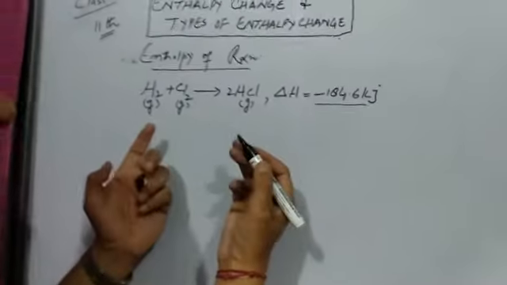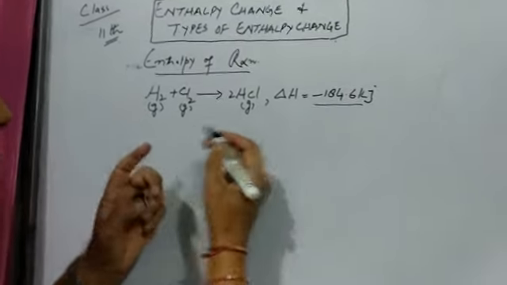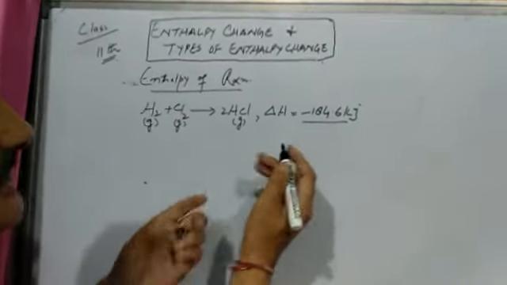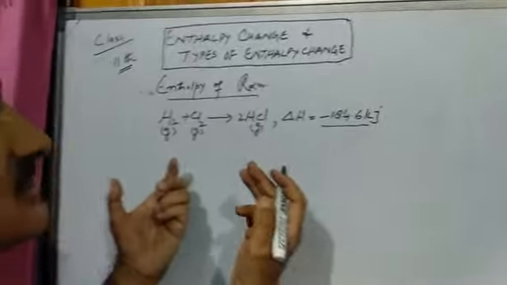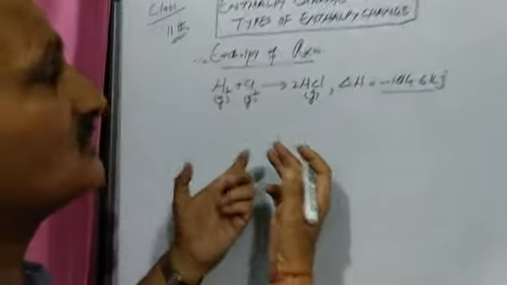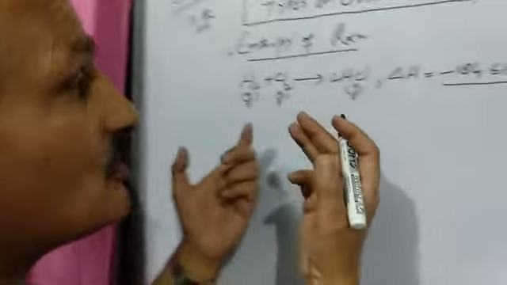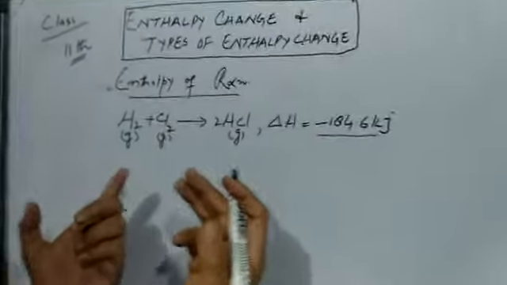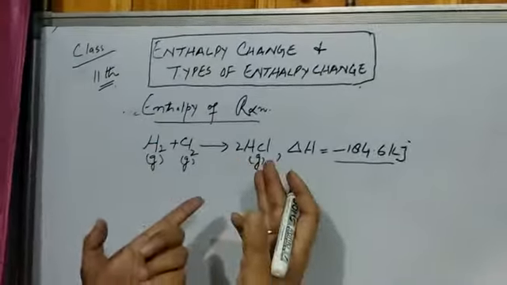Or in other words, we may say that this much amount of heat has been changed. The change in heat content is known as enthalpy change. So what is enthalpy of reaction now?